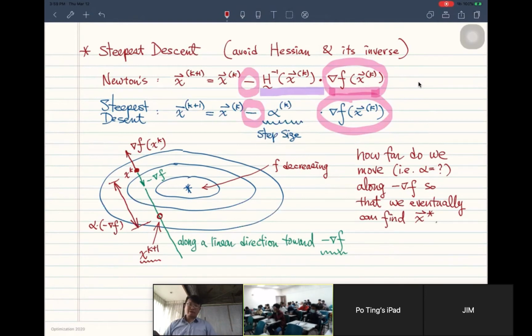That's the important question. That's basically what we want to do, right? How far? So we need to know how large is alpha, right? So when we introduce alpha, it becomes a new problem that we are trying to determine what is the value of alpha. Okay, so let's move on to the next page.